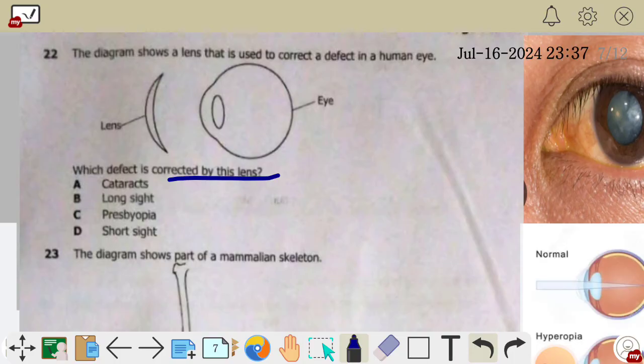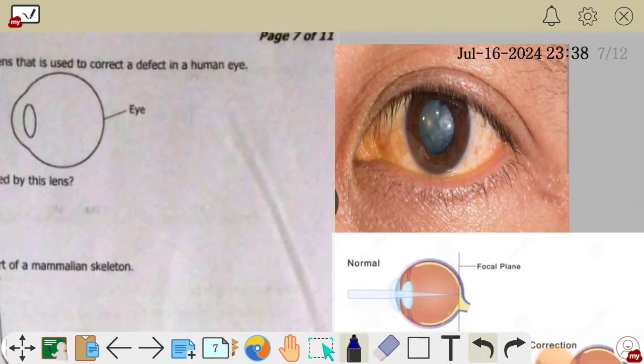We have A, cataracts, B, long sight, C, presbyopia, and D, short sight. Cataracts is simply accumulation of cloud-like structures on the eye, as depicted on this diagram here. That is what we call cataracts.